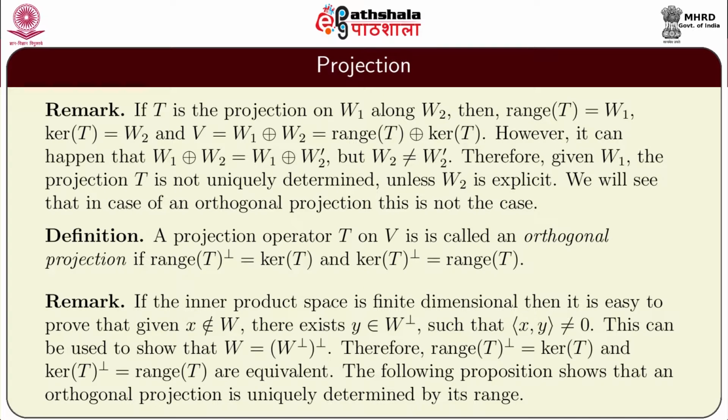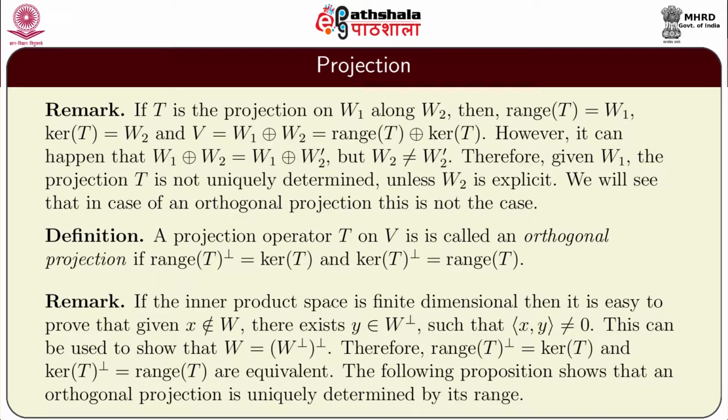Now, a remark. If T is the projection on W1 along W2, then range of T is equal to W1 and kernel of T is equal to W2, and V is W1 direct sum W2, that is, range of T direct sum kernel of T. However, it can happen that W1 direct sum W2 is the same as W1 direct sum W2 dash, but W2 is not the same as W2 dash.